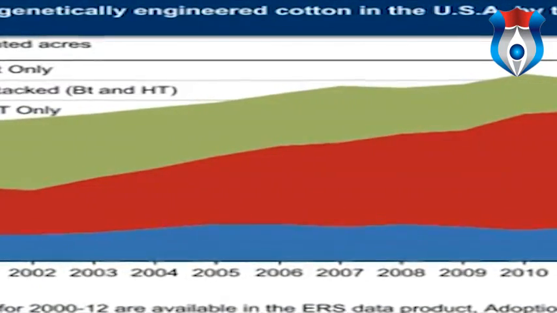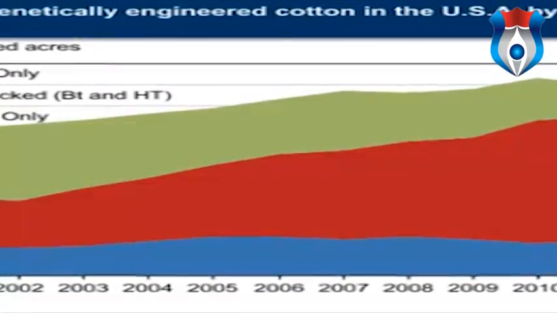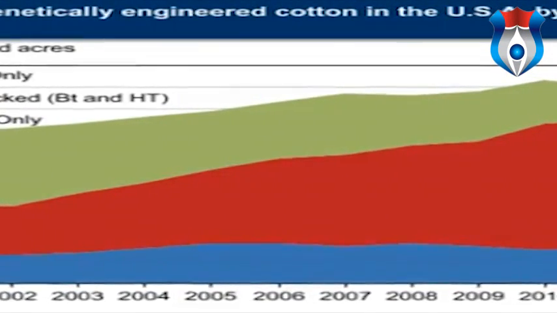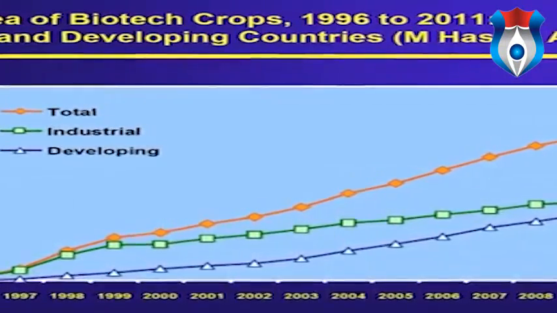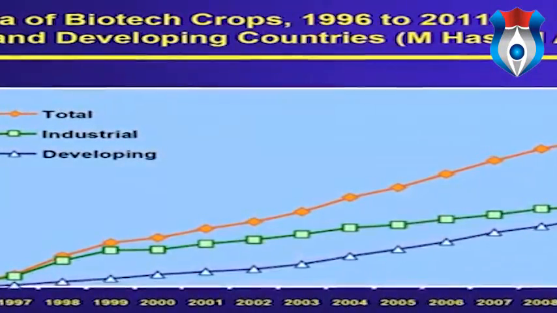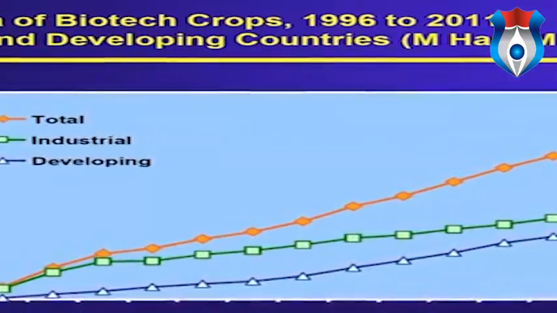Adoption of GM cotton. This is a picture of GM cotton in the USA from 2002 to 2012. GM crops raise farm incomes. Global cotton adoption of 80% increased compared with the 64% planted to Bt cotton in 2010.